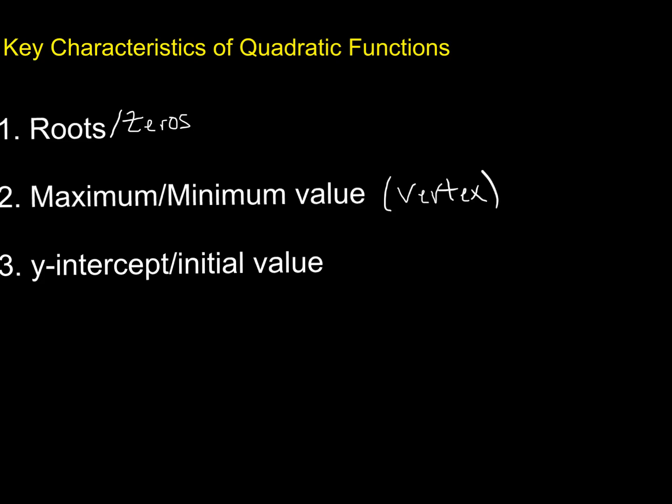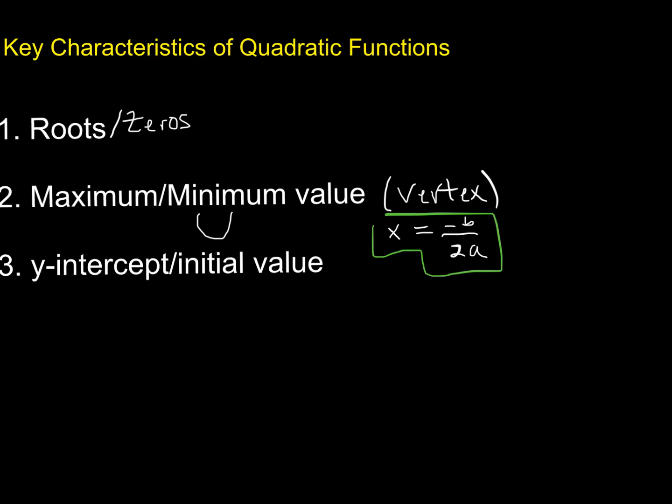And the reason it could be a minimum is if you think about a quadratic that opens upward, the vertex there is going to be the minimum. And the x value where the vertex occurs is given by negative b over 2a. Okay, so that's an important one to remember.